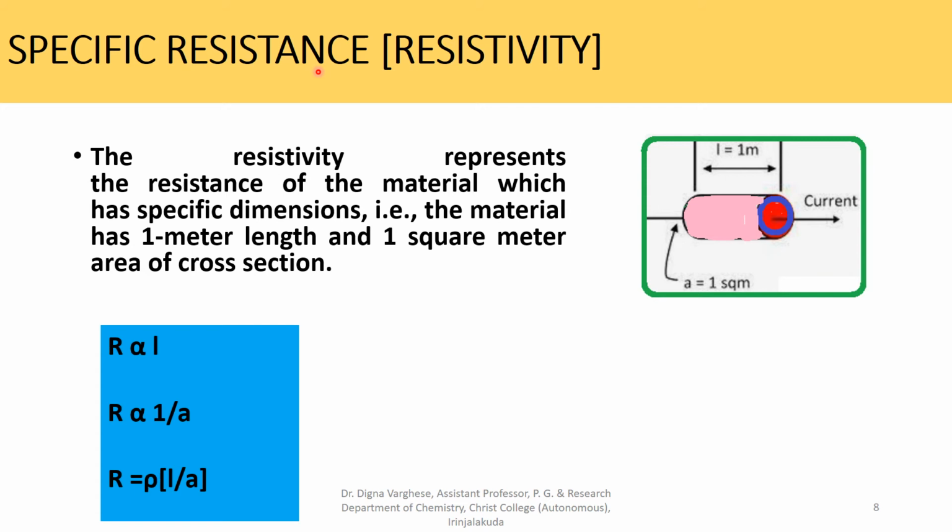So, if L is equal to 1 meter and A is equal to 1 square meter, the resistance is equal to rho.